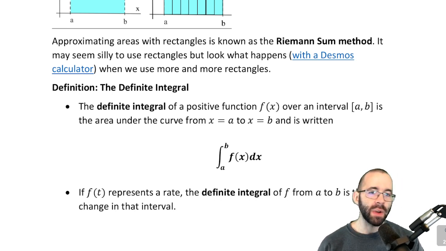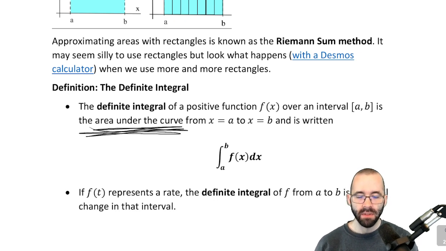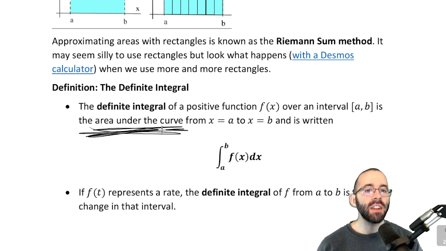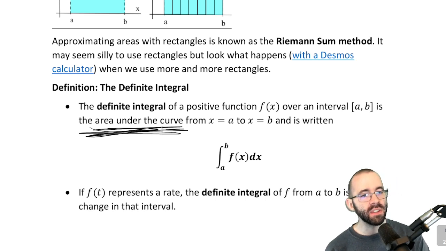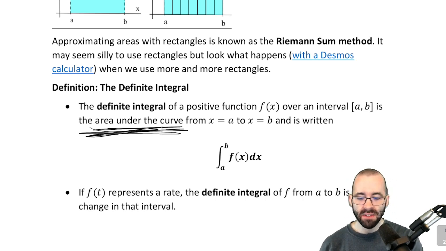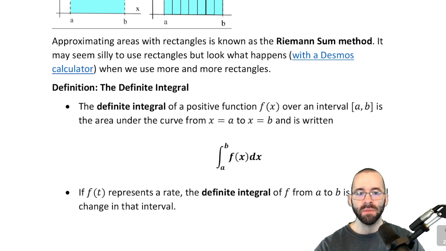So the definite integral, when I say definite integral, what do I mean? The definite integral of a positive function over some interval is the area under the curve from the start to the end. And this is how we write it. This is how we write a definite integral.